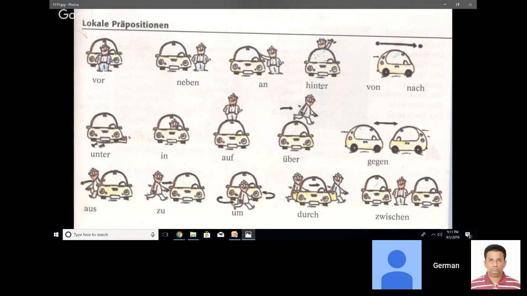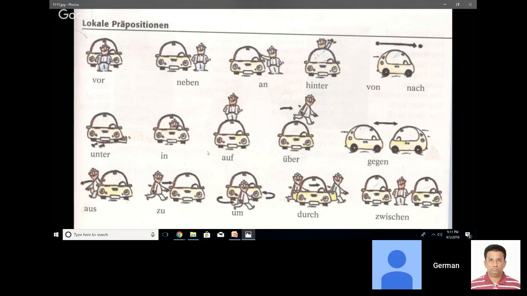Hinter. Hinter is behind it. Over here, the man is behind the car. That's why we are using the preposition hinter. Unter means under. The man over here is under the car. In is inside. The man is inside the car.